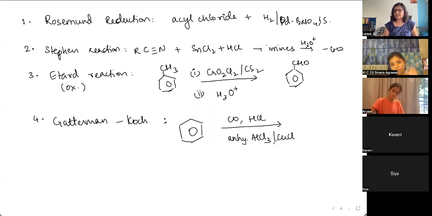Any one Lewis acid is required. Take the Cl away. This gives aldehyde.